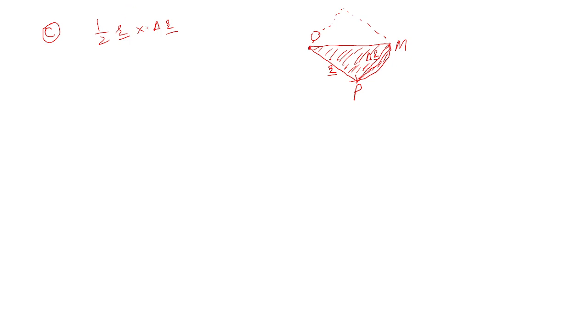Now if I divide it by delta t and take the limit delta t tends to 0, this becomes 1 over 2 r cross dr/dt. So you see this value is 1 by 2 r cross v, and we proved that this value is constant.